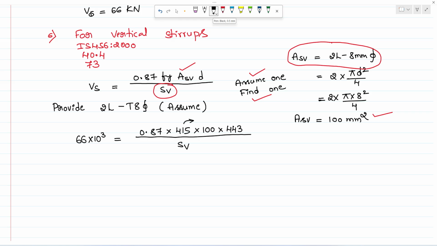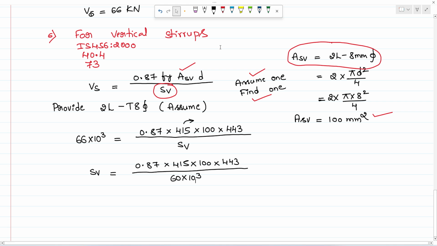So your SV will be, just interchange it, 0.87 into 415 into 100 into 443 divided by 60 into 10 power 3.